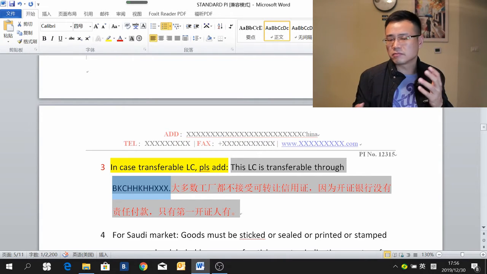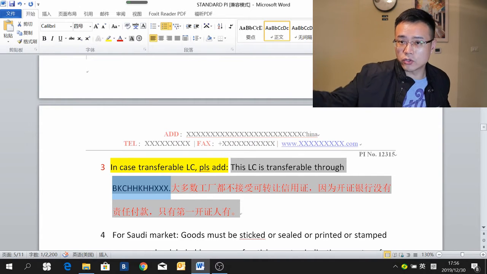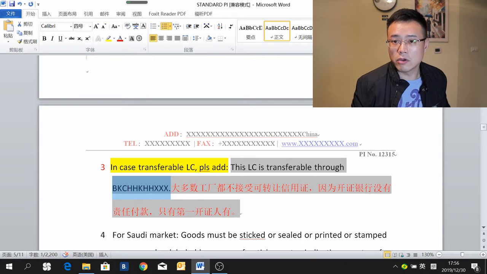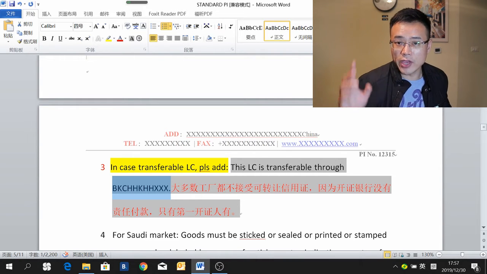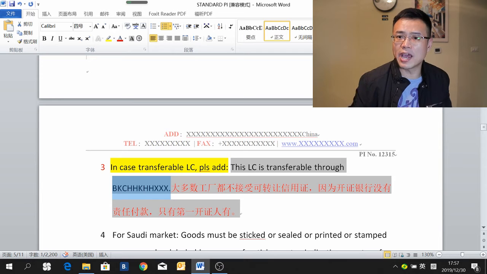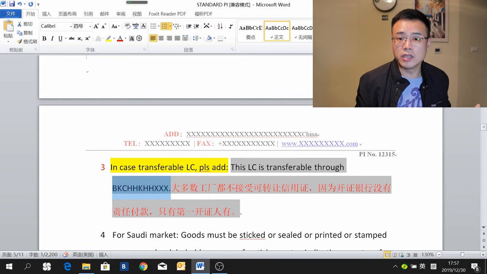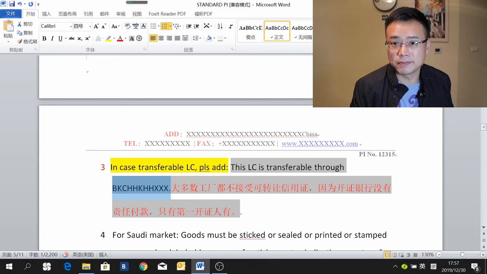This LC can transfer from one trader, two traders, three traders, eventually to the manufacturer, right? So only the first one who issued the LC, which is the end user, is legally bound to make payment. All the traders in between can run away from payment responsibility. That's why manufacturers don't like transferable LC. They don't even know who the real applicant is, who is holding the legal responsibility to make payment to them.